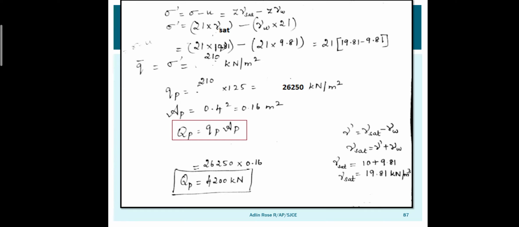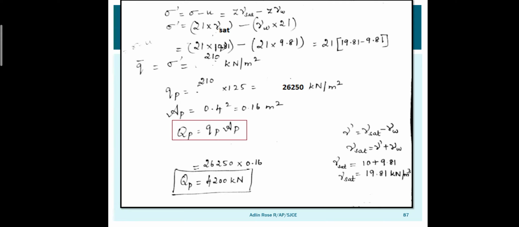But our static formula is Qp is equal to small qp into Ap. So small qp we found as 26250, and Ap is nothing but the cross sectional area. What is the cross sectional area of a square pile? Area of the square is b square or side square.